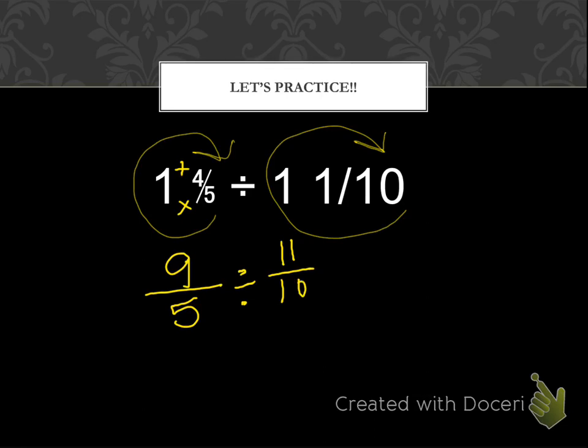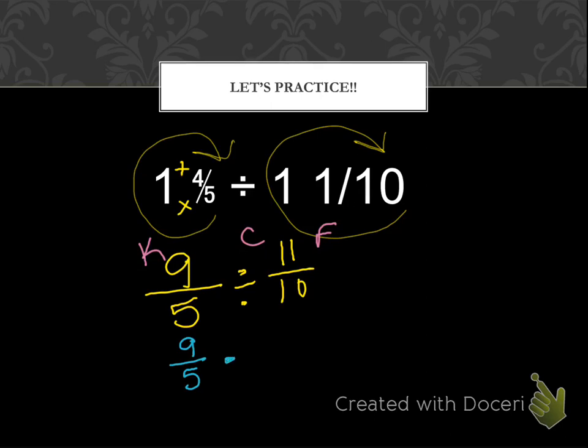And now I'm going to use that keep, change, flip that we looked at last week. Keep, change, flip. And rewrite the problem now as a multiplication problem. So 9/5, I'm going to keep it the same. Change division to multiplication.